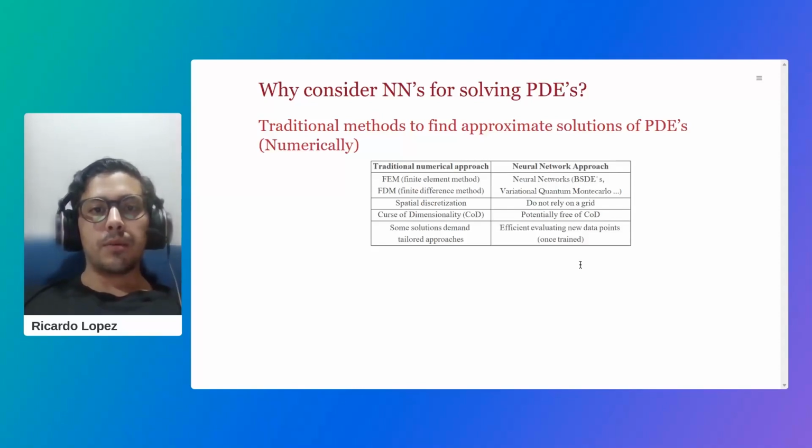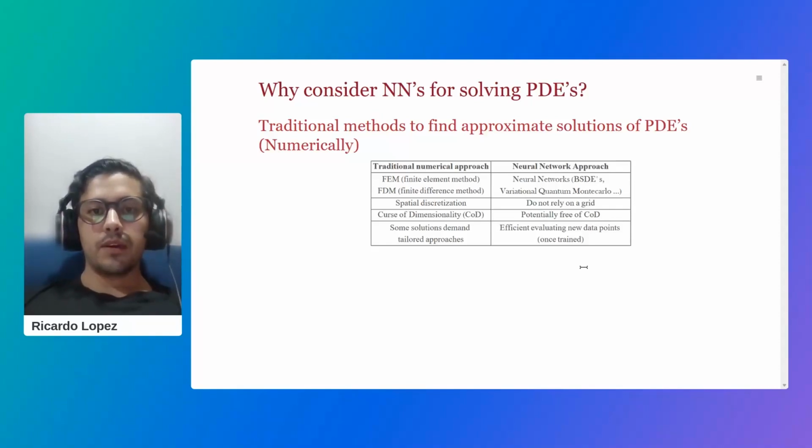One of the advantages is that they do not rely on a grid, so they don't need to be discretized. Also, they don't suffer from the curse of dimensionality, meaning that you can increase the number of dimensions of the problem, and the problem would not get, in most cases, as complex as with other methods.